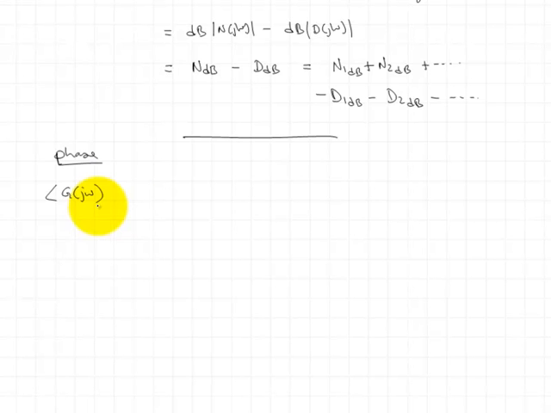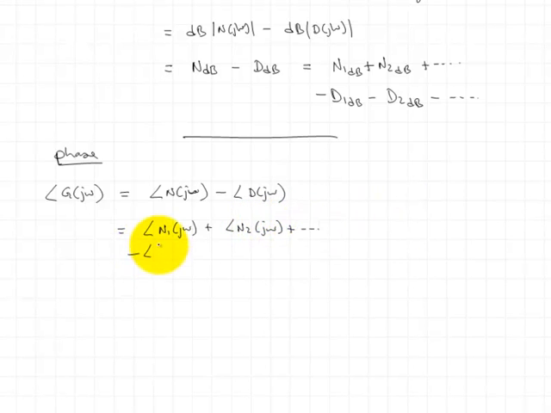In fact, I'm going to claim that this is equal to the angle of the numerator minus the angle of the denominator, which further can be expressed as the angle of n1 of j omega plus angle of n2 of j omega plus dot dot dot minus angle of d1 of j omega minus angle of d2 of j omega minus dot dot dot.